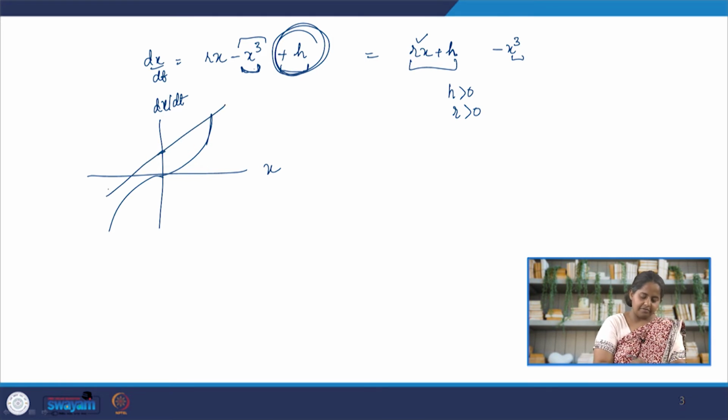So we might have one intersection here, one fixed point here. Let's look at the stability of this fixed point. On the left side of this fixed point, the line is above the curve, which means dx by dt is positive, the flow is towards the right side. On the right side of this fixed point, the curve is above the line, which means dx by dt is negative, which means the flow is towards minus infinity. So this is a stable fixed point.